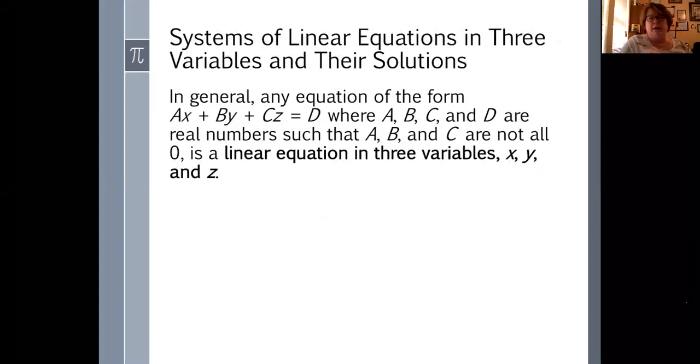Systems of linear equations in three variables and their solutions. In general, any equation of the form ax plus by plus cz equals d, where a, b, c, and d are real numbers, such that a, b, and c are not all 0, is a linear equation in three variables x, y, and z.